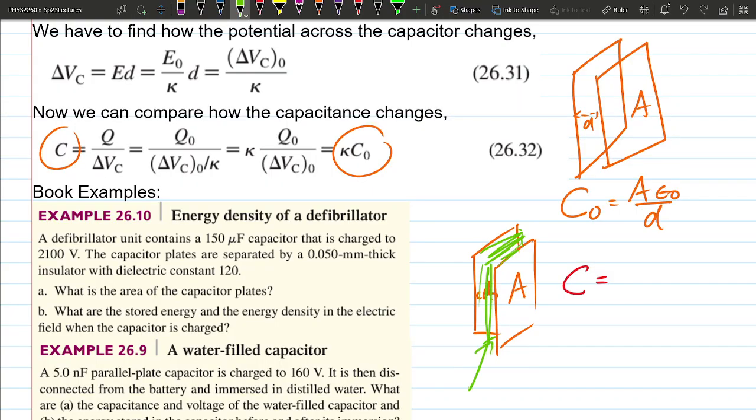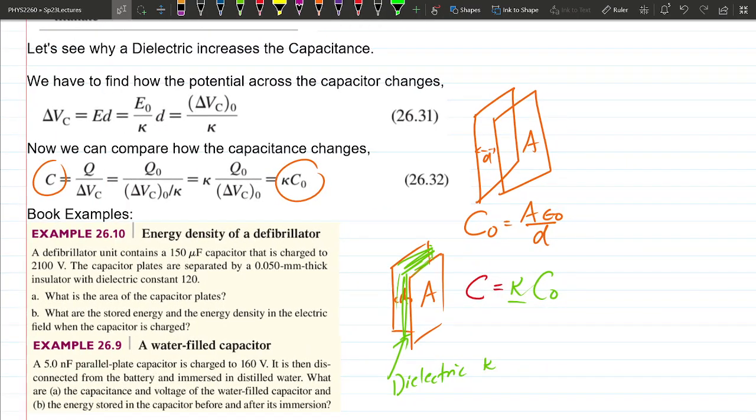This is the dielectric, and it has a kappa value that we're going to talk about for different materials. It increases the capacitance by a factor of kappa. So you can make a capacitor that's the same size but increase its capacitance by just sticking a dielectric between the two.